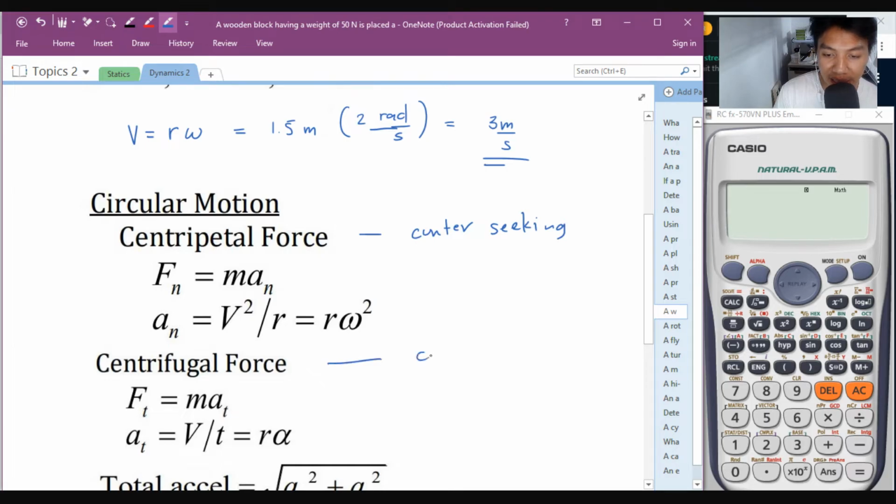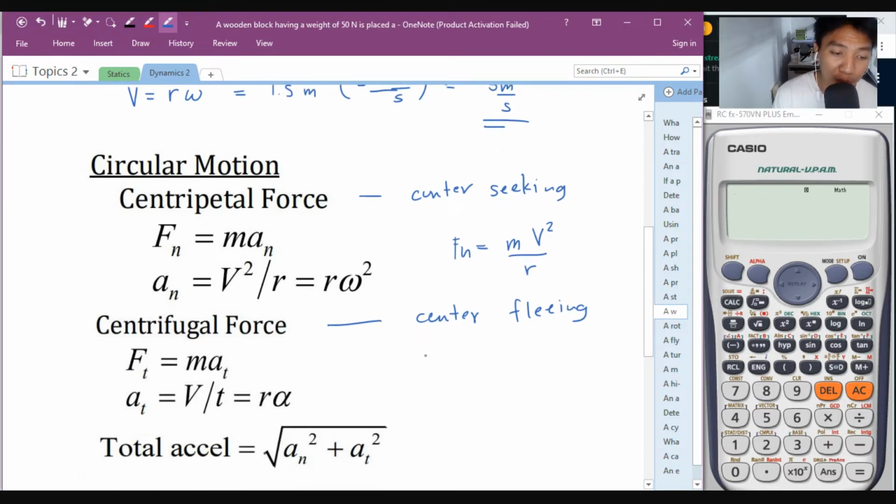Centrifugal is center fleeing, meaning away from the center. Seeking means toward the center. To get the centripetal force, that is equal to M times AN, where AN is the normal acceleration, given by this formula. So Fn is equal to mass times velocity squared over R.